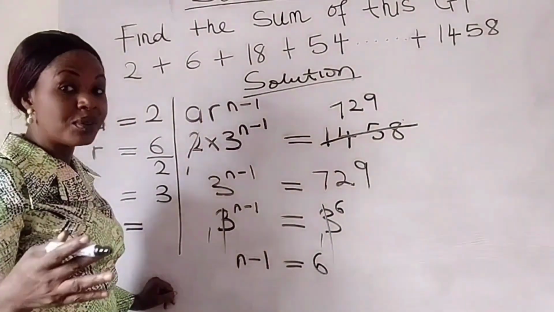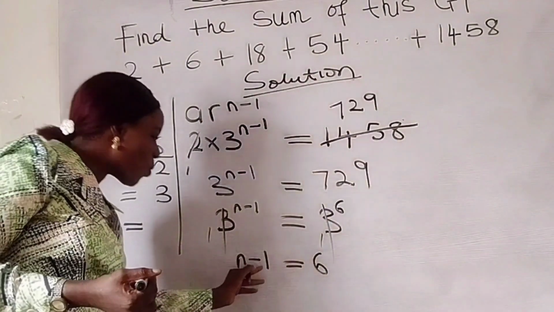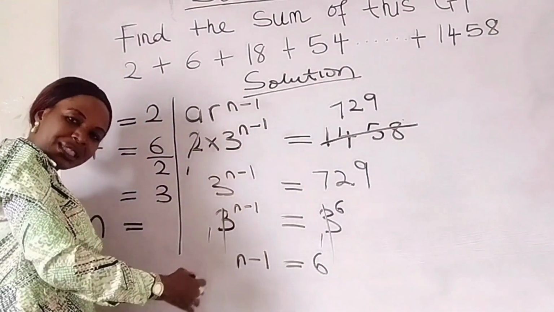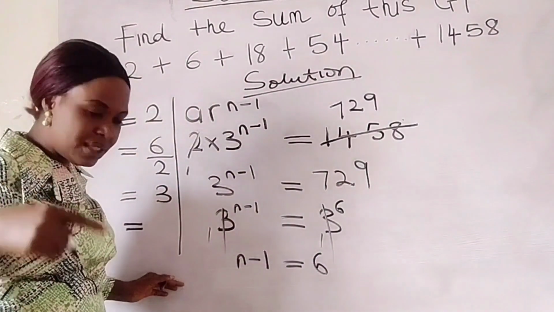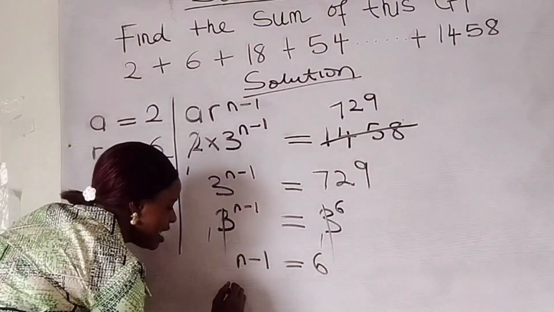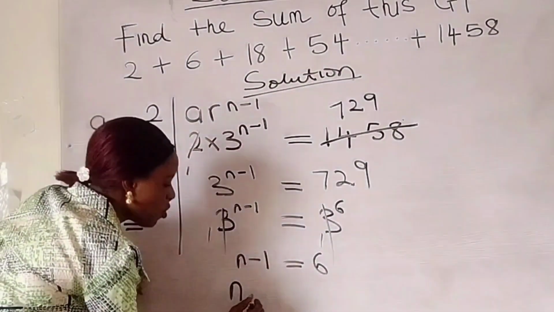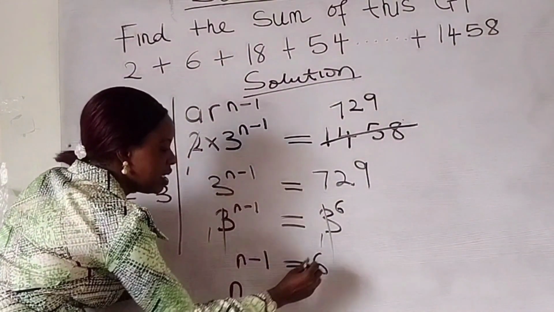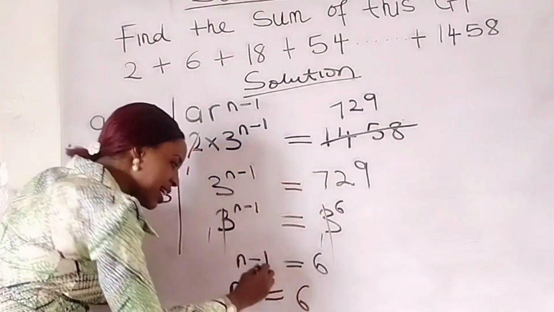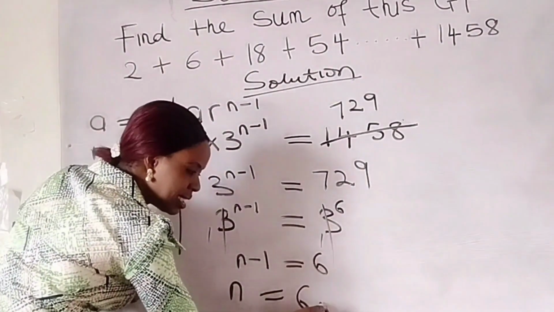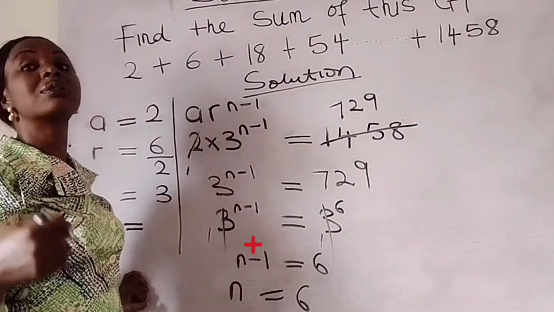And if you decide to collect like terms, we collect the 1 and the 6 so that n will stand alone. If you want to do it, you do it like this. You say n is equal to 6. Carry this minus 1, cross the equality sign, come and meet 6 here, it becomes plus 1.